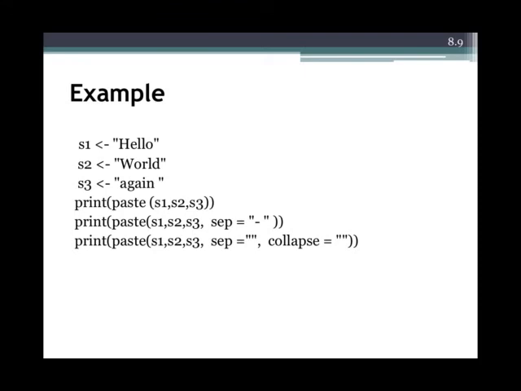Now in the first print, we are pasting these three strings together. In the second print, we are doing the same thing, but we are asking the machine to insert a separator, which is the hyphen. In the third example, we are not having a separator, but we are asking the machine not to add any spaces either.